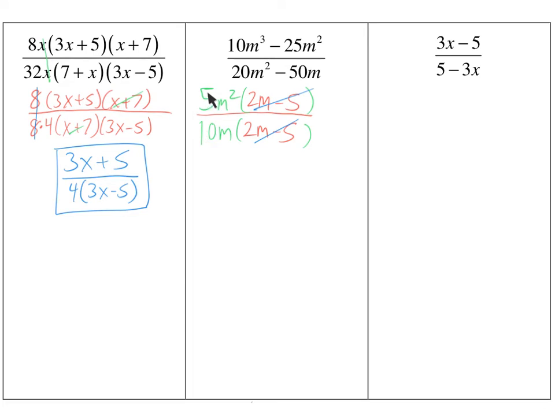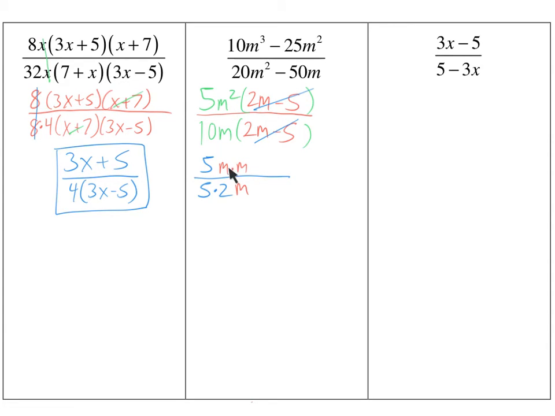Now 5 and 10, do 5 and 10 have something in common? Yeah. So can I write this 5, and on the bottom can I do 5 times 2 instead of 10? Now can I also, don't these show an m in common? So can I write that as m times m over m?